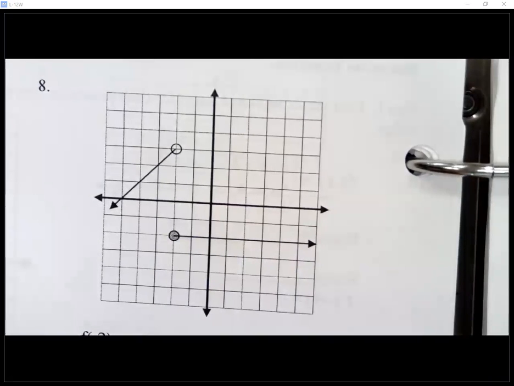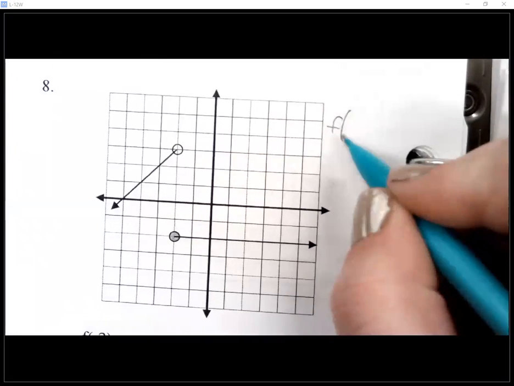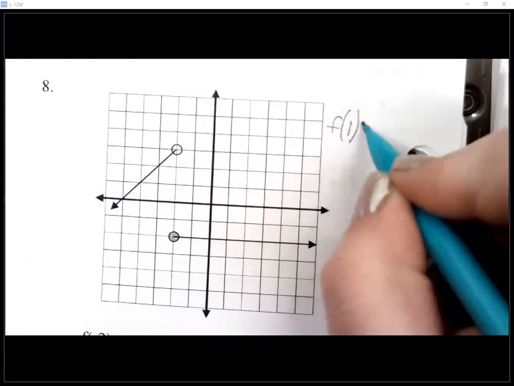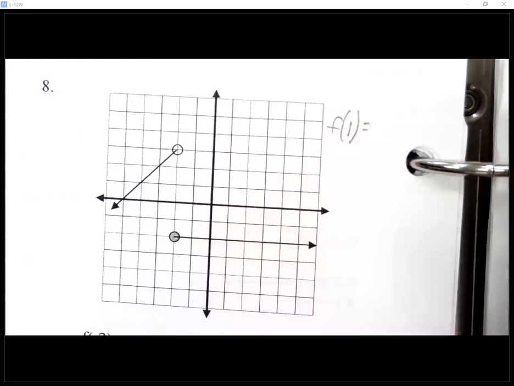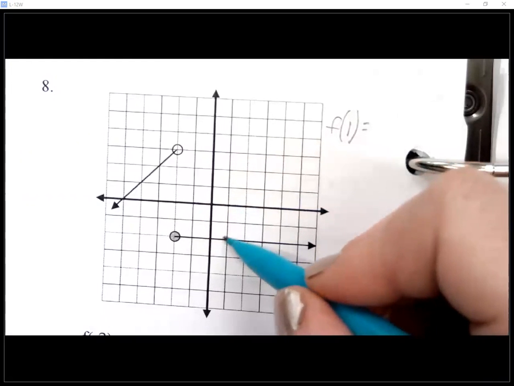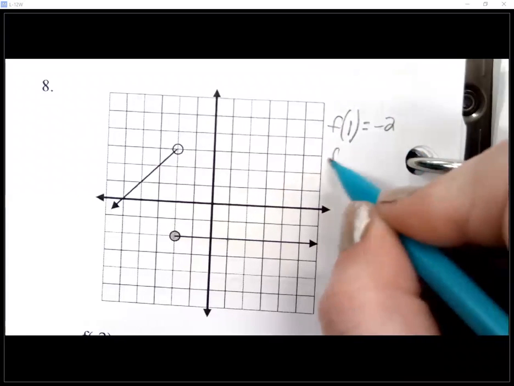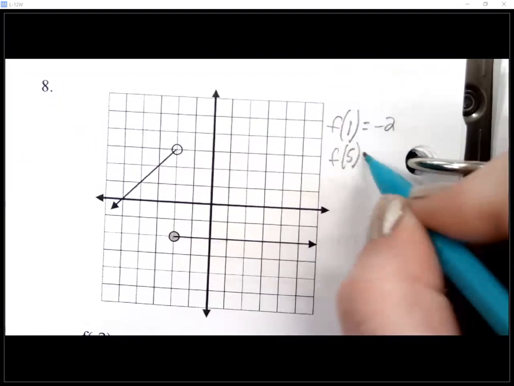So if I were to ask you what f of, oh, I don't know, let's do f of 1. What would you say that is? -2, right? When x is 1, the y value is apparently -2. What would f of 5 be? Also -2, right?